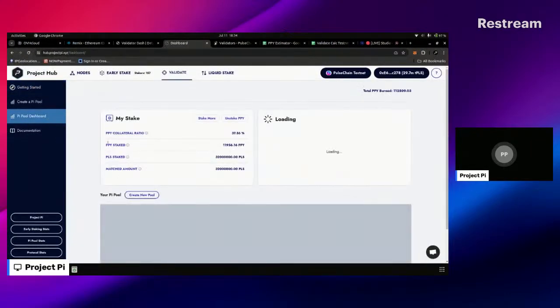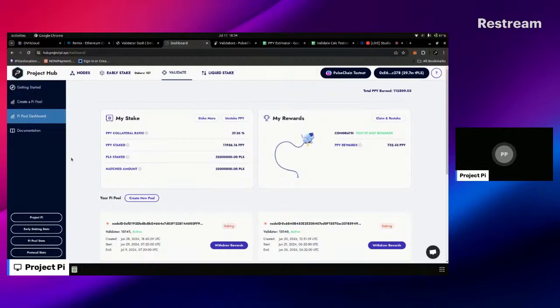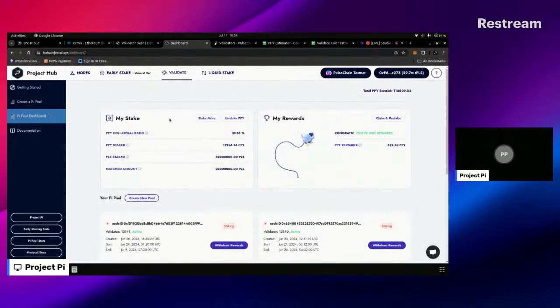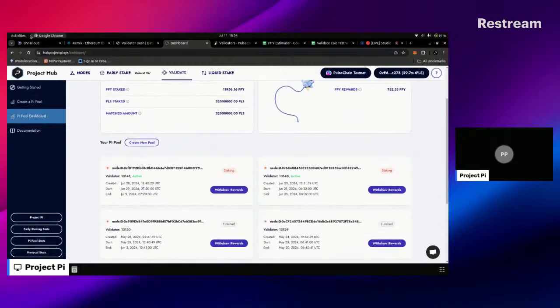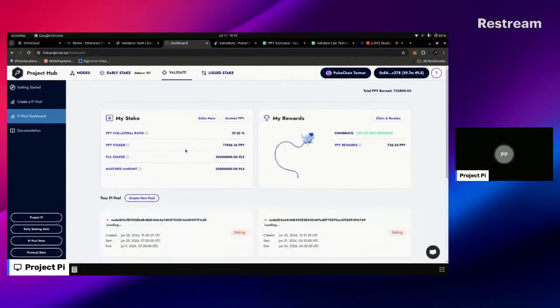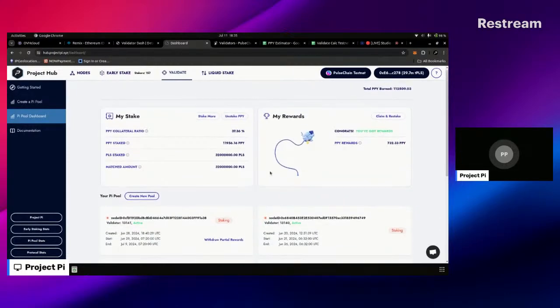If I go to dashboard, and let me refresh the page. Yep, there we go. So this account received some rewards as well for being a node operator for 10 days.